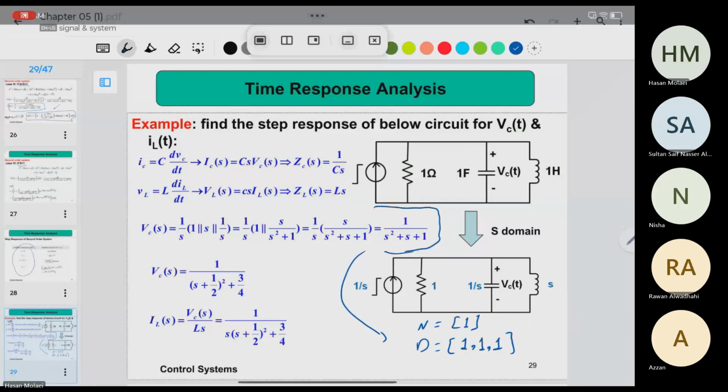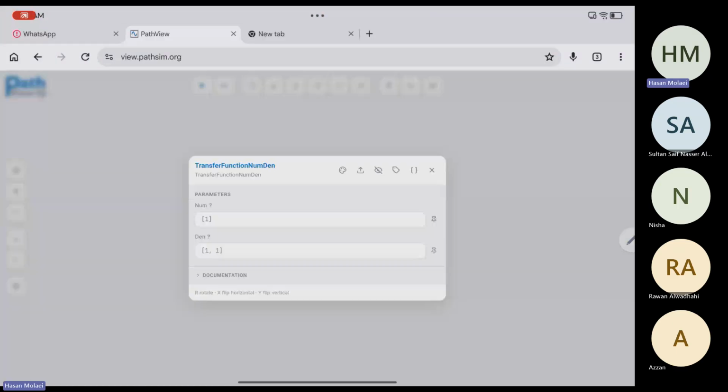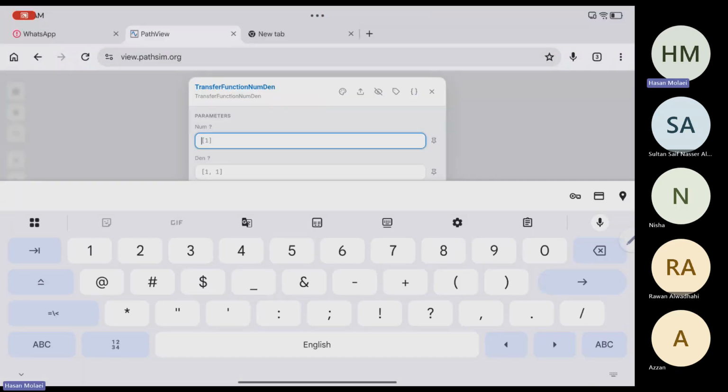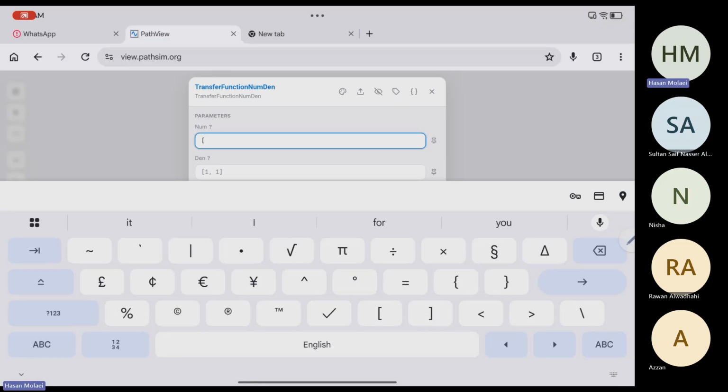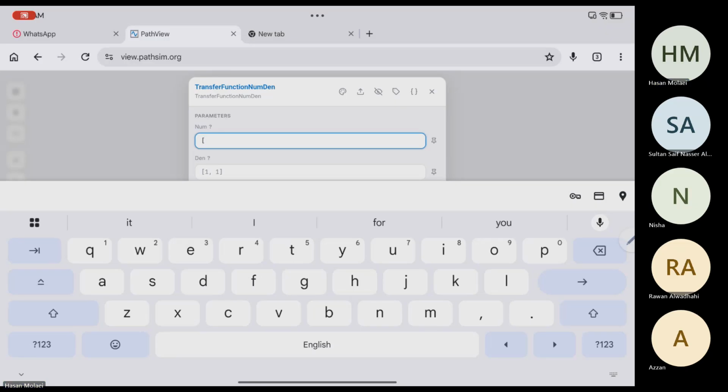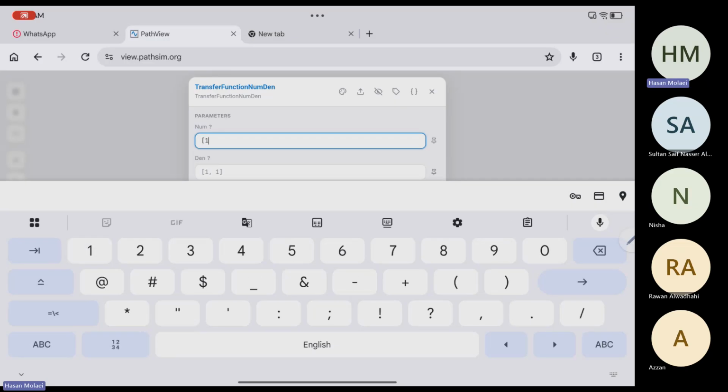So now I'm going again on the transfer function definitions. I changed this to 1.